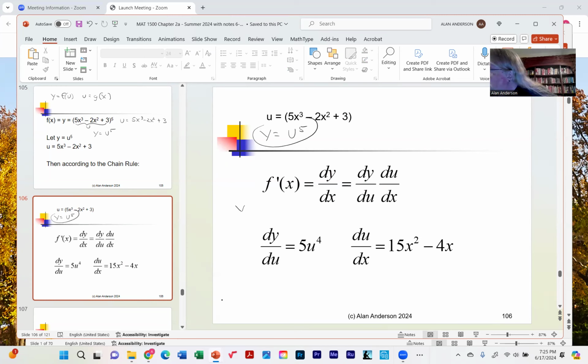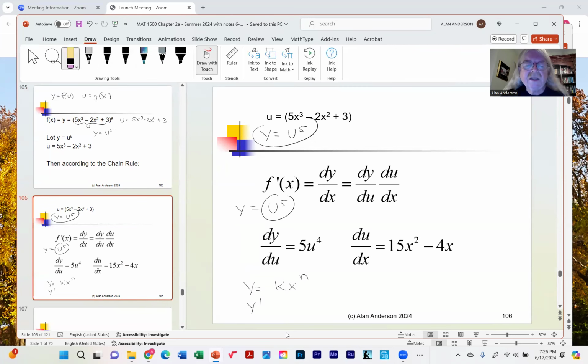Starting here, dy/du, the derivative of y with respect to u, is, using the power rule, 5u to the fourth. Or actually, to be consistent, I should write this as dy/dx.